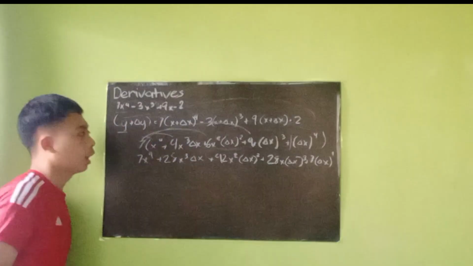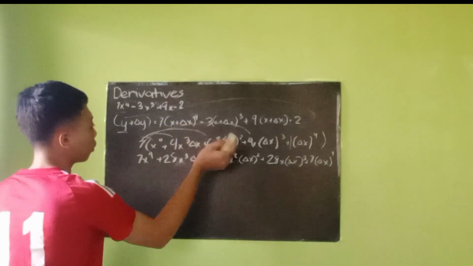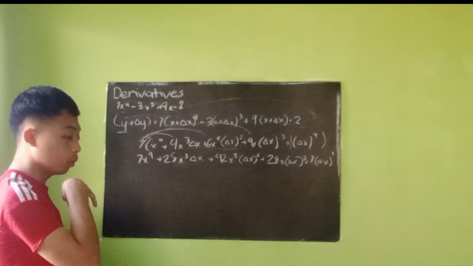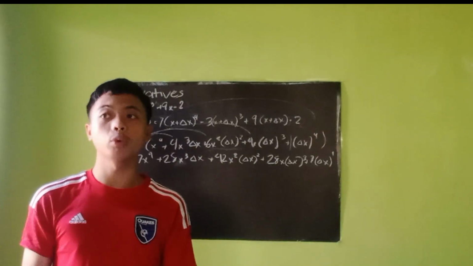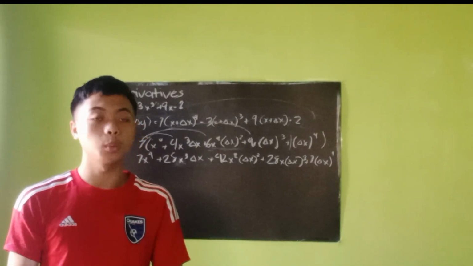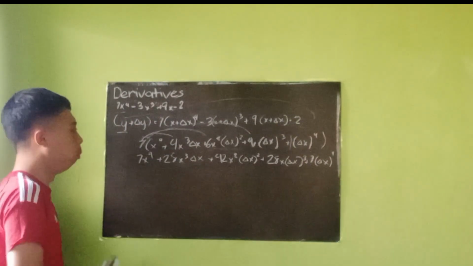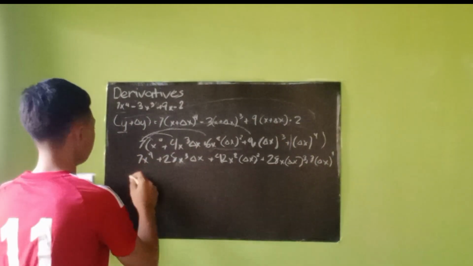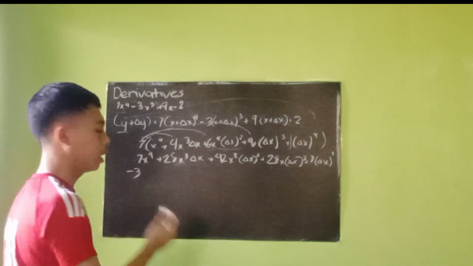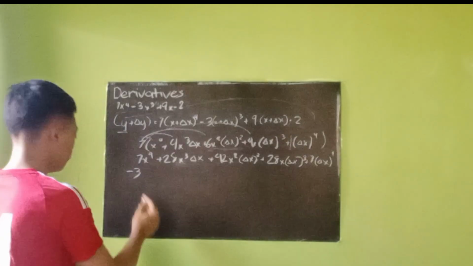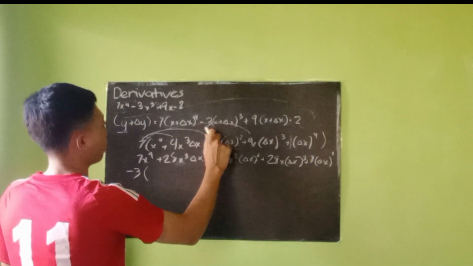Now let's proceed with the negative 3. We have to be careful because there are some students who don't really pay attention to the integers. So carry the degree, and then we expand this one.